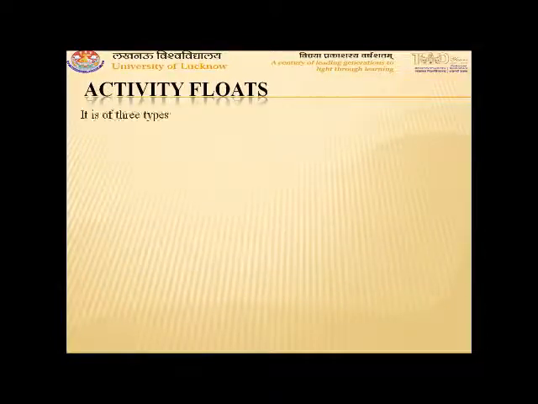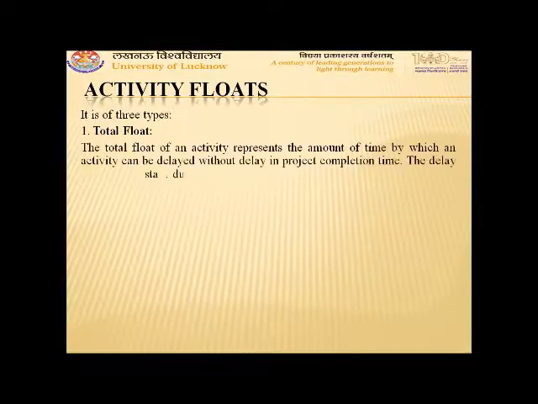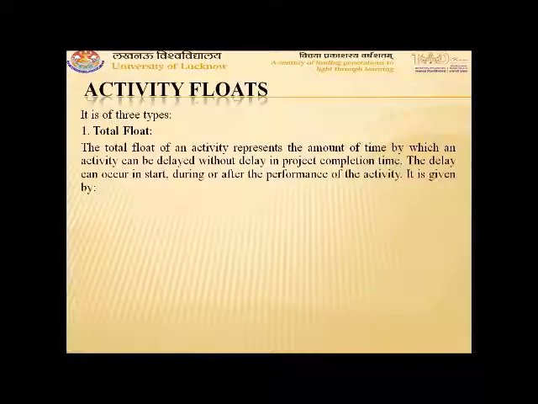Activity float is of three types. First one is called total float. Total float of an activity represents the amount of time by which an activity can be delayed without delay in the project completion time. That means the delay may occur in the start, within the process, or in the completion of the activity.